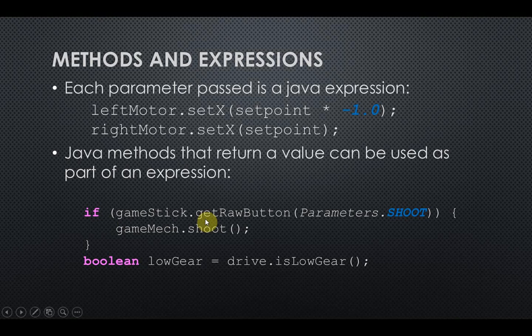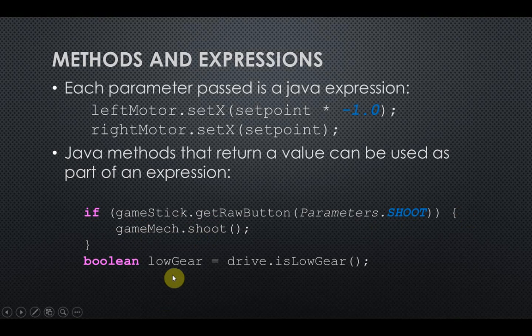So I'm going to invoke the getRawButton member of GameStick, passing it the parameter shoot, which is a constant static in the scope of parameters. And then I'm evaluating if getRawButton evaluates to true. If it is true, I'm going to then invoke the one Java statement inside a Java block, the shoot member of GameMech. So basically, if the shoot joystick button is pressed, the GameMech is going to shoot.